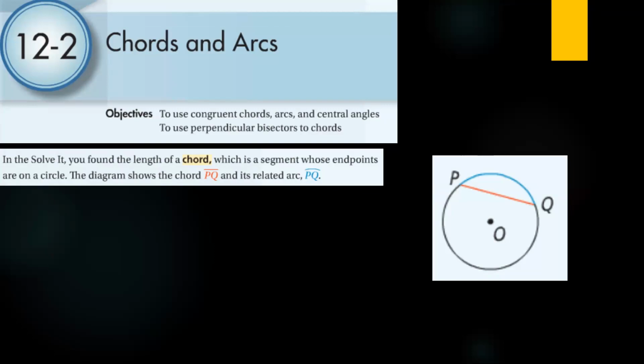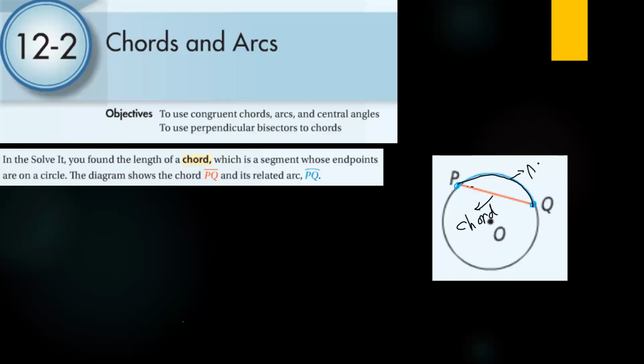Now, what is a chord? A chord is a line segment whose endpoints are on a circle. This is endpoint P, this is endpoint Q, and the line segment between P and Q is a chord. And an arc is a curve connecting these two endpoints.